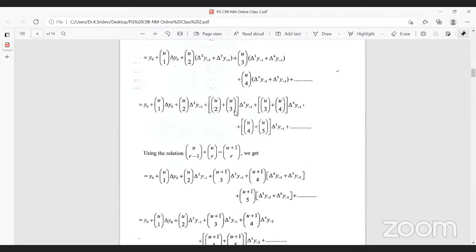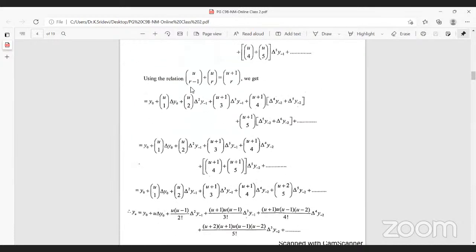What is R here? R is 3, so R minus 1 is 2. If you apply this relation to this one, we get U plus 1 C3. Similarly, from this one, U plus 1 C4, and from this one, U plus 1 C5. So the factor is the same, plus and so on.